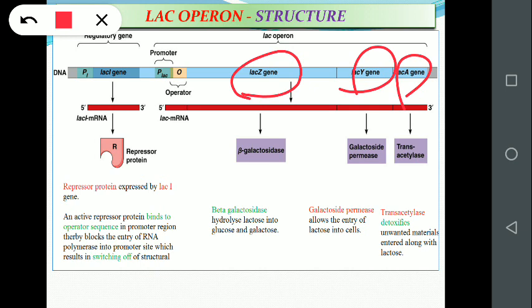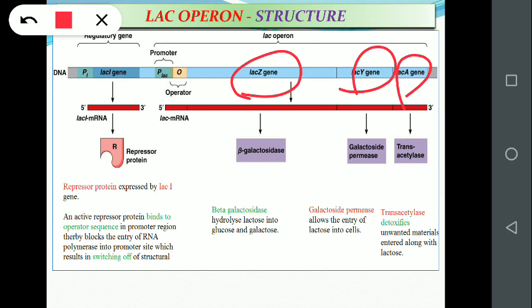So these three genes are acting as a cluster of genes, because if lactose is present in the medium, then these three enzymes or proteins are definitely necessary. That is why the presence of lactose must switch on all these three genes.